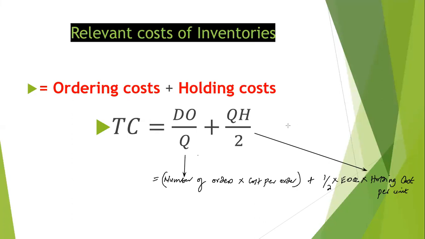So that's how we get the holding costs. You get the half of the EOQ, then times the holding cost per unit.